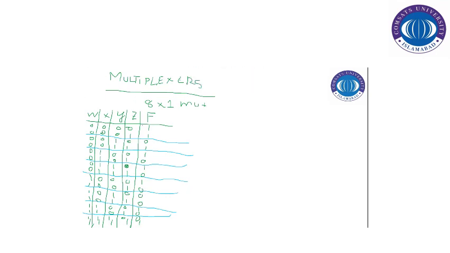The next thing is we have to compare the least significant input with the output. We have to compare these two within a pair.